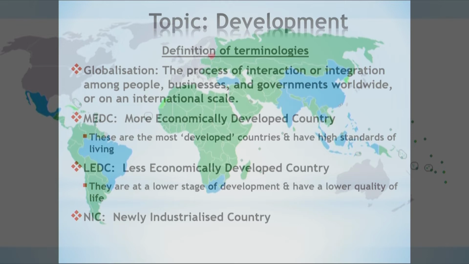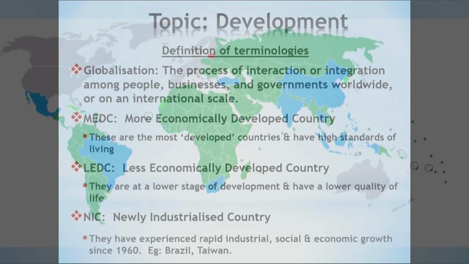Now NICs are middle income countries, and we can look at them as a subset of developing countries whose economic growth is much higher than that of other developing countries. So they are a sort of developing country, but the difference is that their economic growth is much higher, but they are not as developed or have high standards as a more economically developed country.